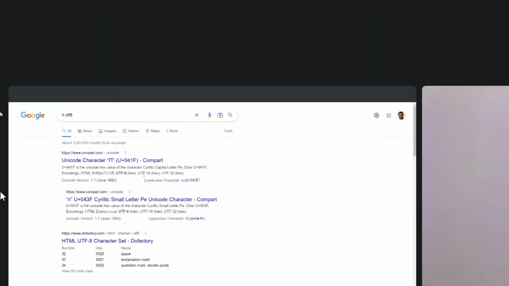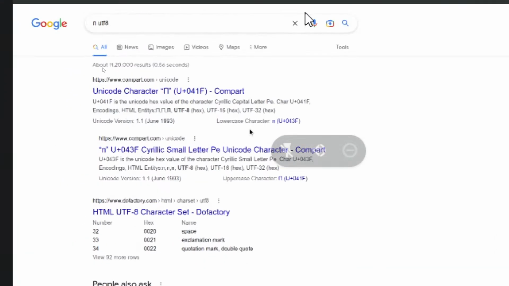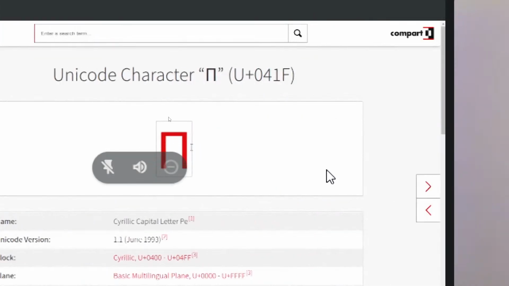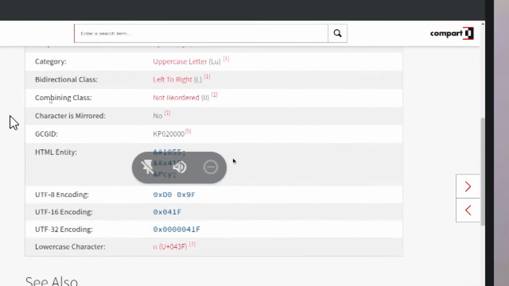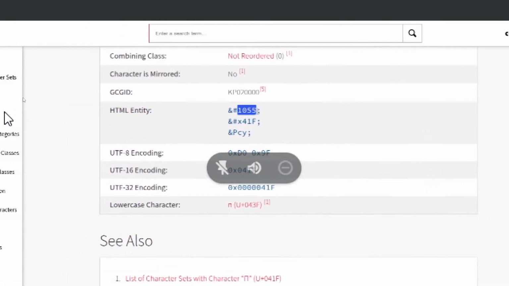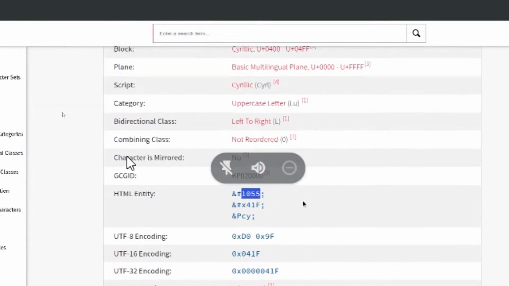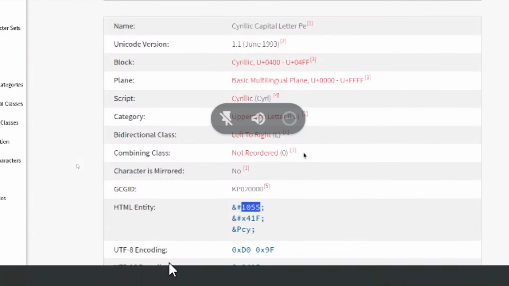What is its UTF-8? You can see that somebody has given me this character and its corresponding decimal number somewhere, all right? They give this UTF-8 encoding, and this is the HTML entity for it. And there is a corresponding number which represents this particular character.